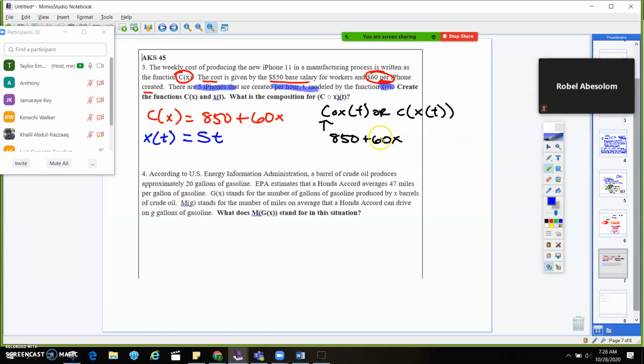So we've got 850 plus 60 times 5t. And then you always want to simplify because nobody wants to look at an equation and wonder what's going on. So we're going to have 60 times 5, which is going to give us 300t plus 850. And that is what c of x of t is.